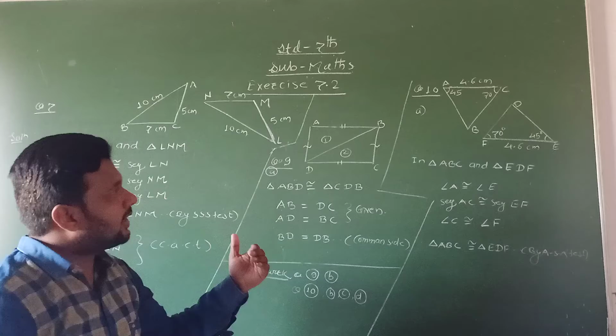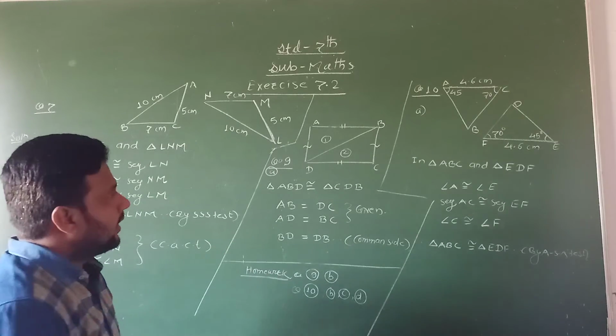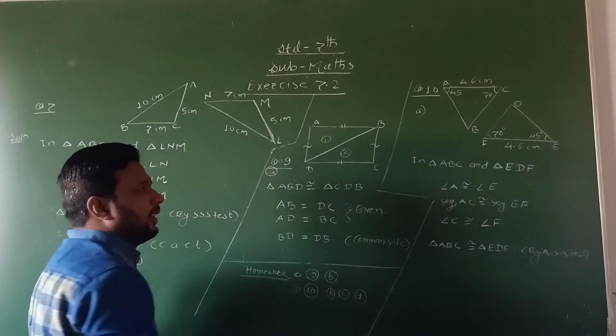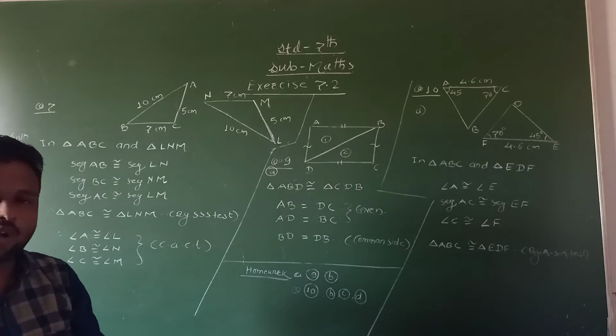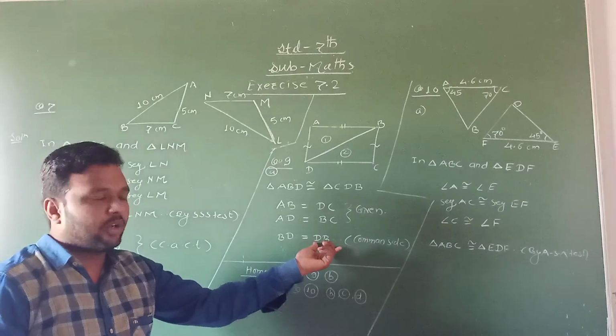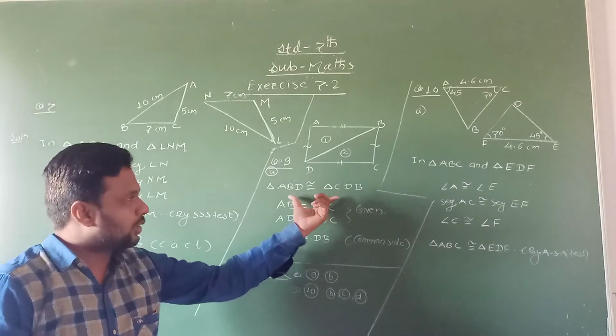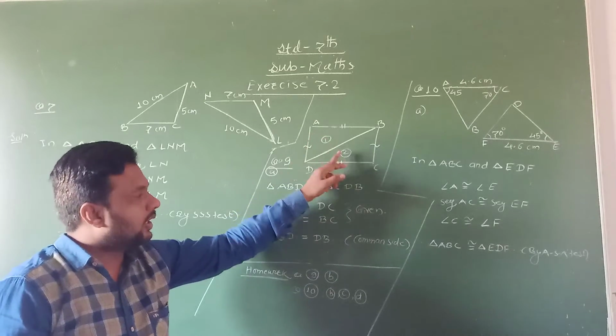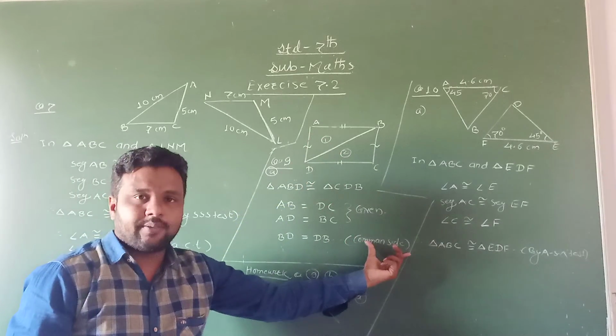Now what is the third side in these two triangles? Here we can see BD is the common side for both triangles. Which is congruent. Therefore we can write BD is equal to BD, or DB we can write according to this correspondence. This is the common side for both triangles.